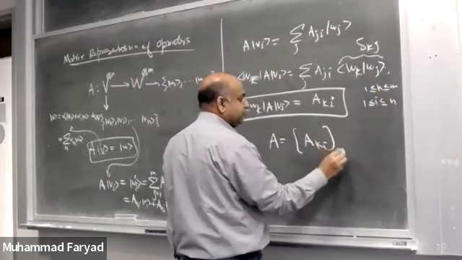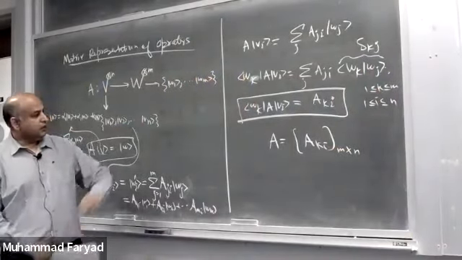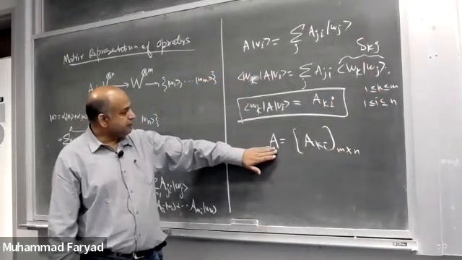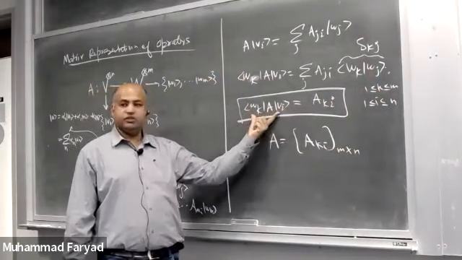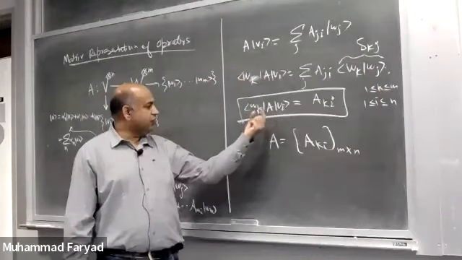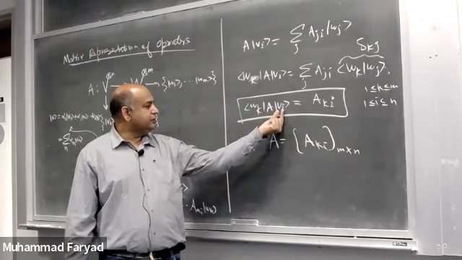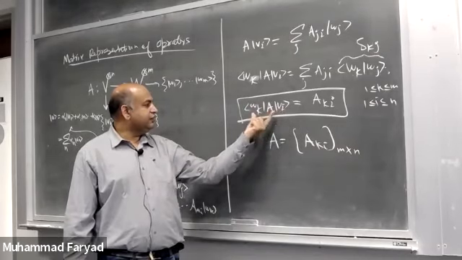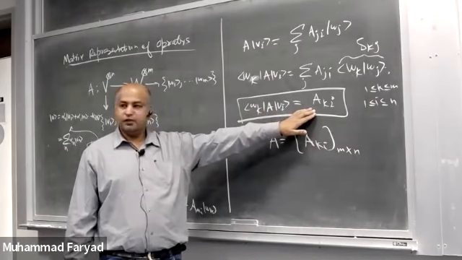So this is an m by n matrix. And the elements of my matrix are given by this relationship. All I have to do is figure out the action of the operator on the basis vectors and take this inner product to find these elements.